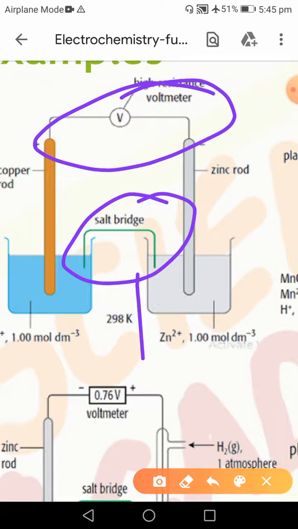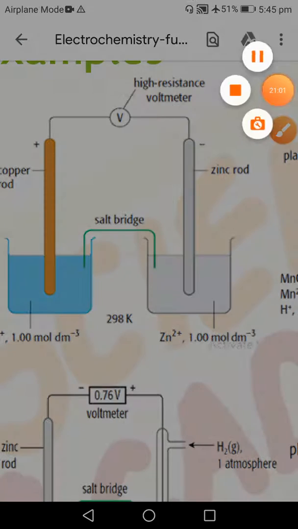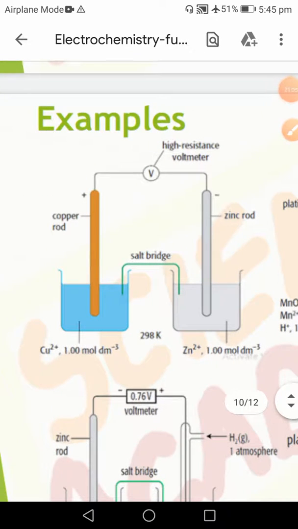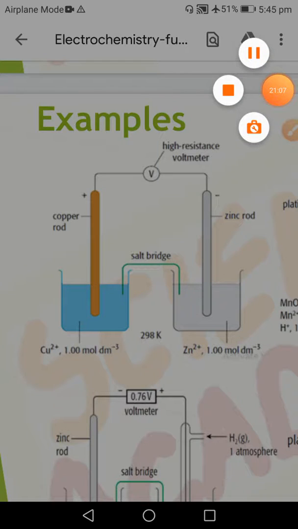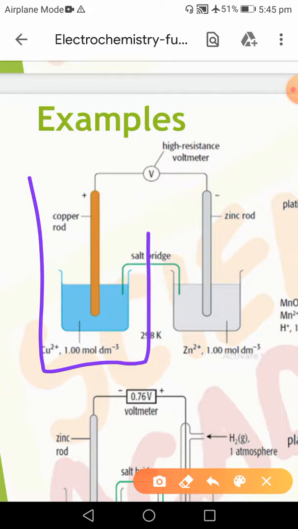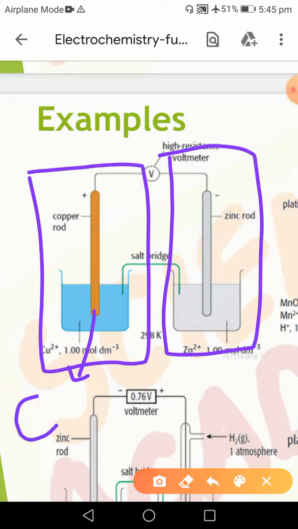Now what do you mean by the balance of charge? For example, look, this is a copper half cell and this is a zinc half cell. Just imagine that copper is reduced here.